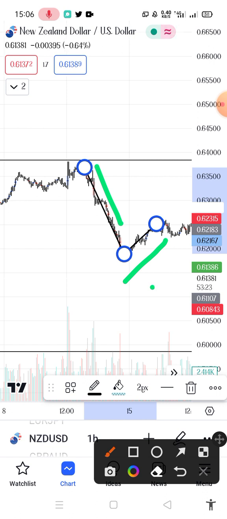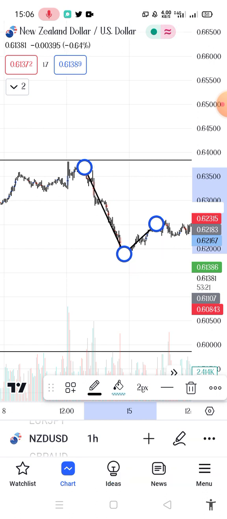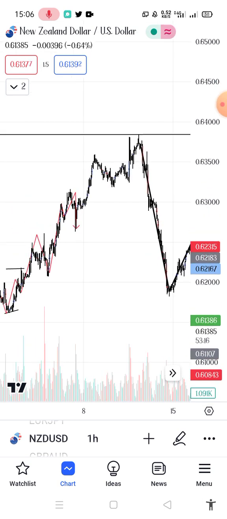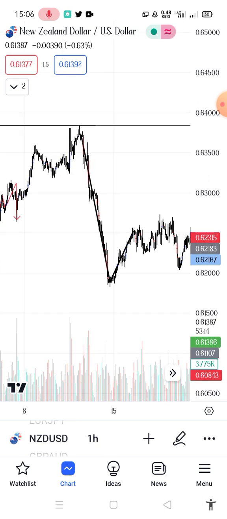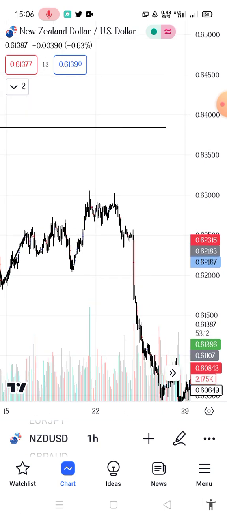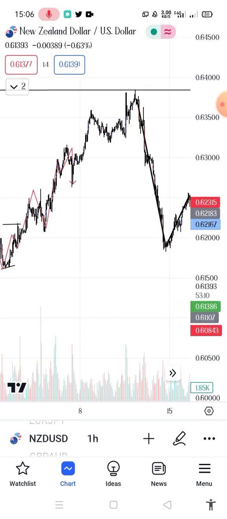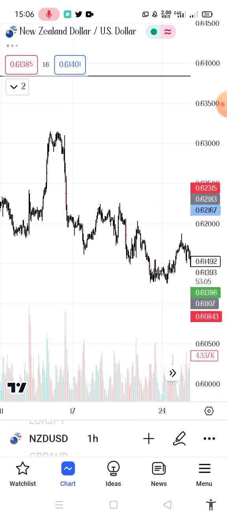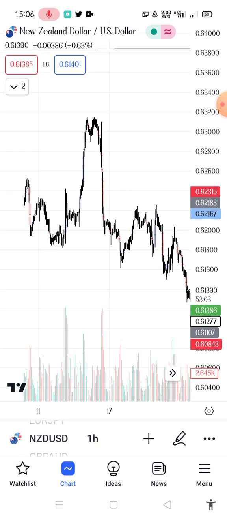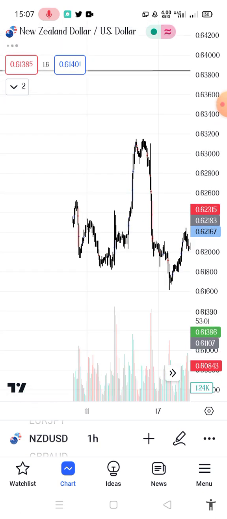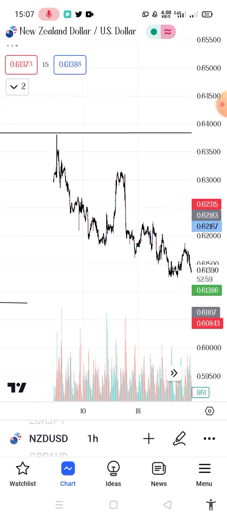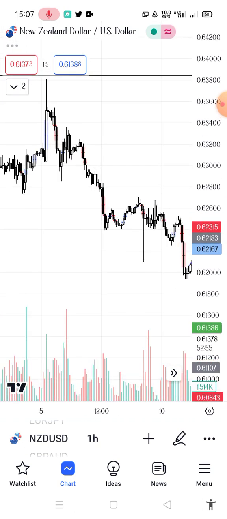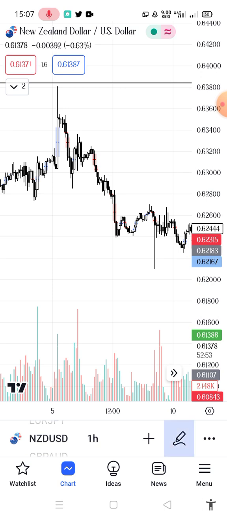And in trading there's what we call break of structure. For instance, let's move left. This is a downtrend. Let me look for a better downtrend. Yeah, let's use this. So this is a downtrend, right?